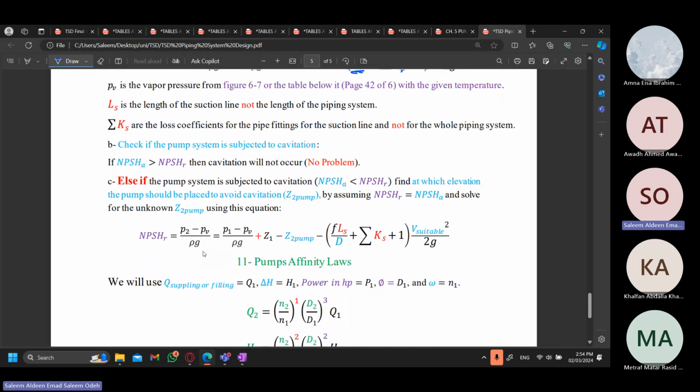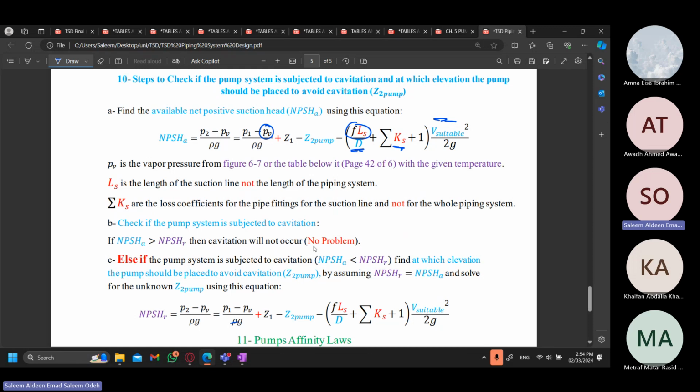So this is the equation that we'll end up using. Now both of them are the same. If you look, both of them are almost identical, right? The reason for these two different equations is that if you're calculating and you find that the net pressure suction head is greater than the net pressure suction head required, then cavitation will not occur.